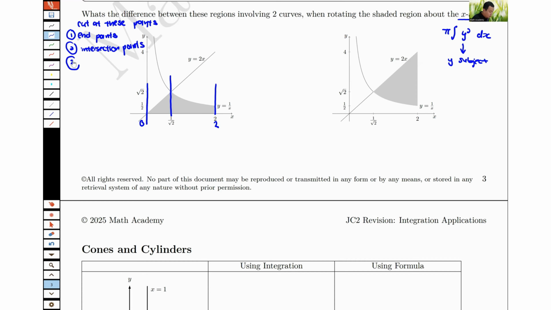And number three, doesn't appear in this question, but in other questions there may be, you look for any x-intercepts between your curves. I'm using x only because we are rotating about the x-axis. If you are rotating about the y-axis, you check for y-intercepts. It will differ accordingly.